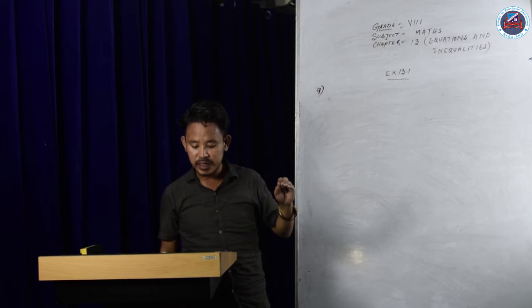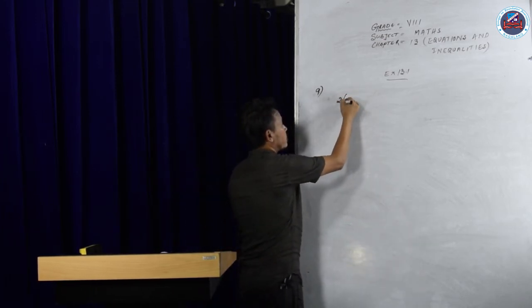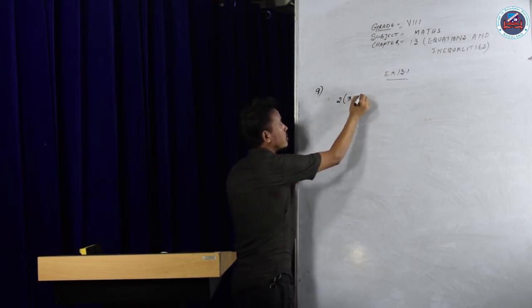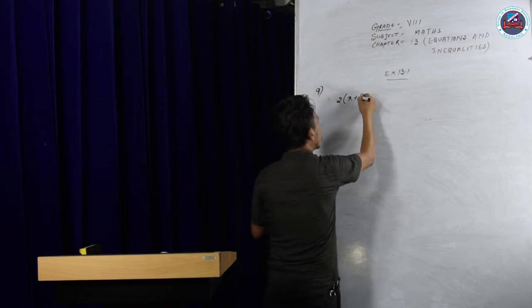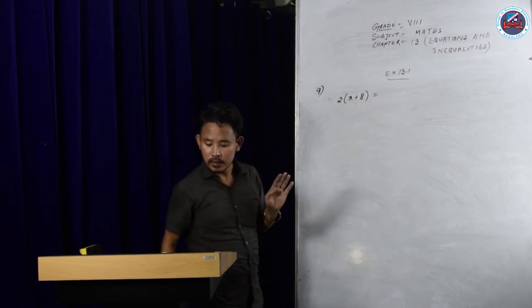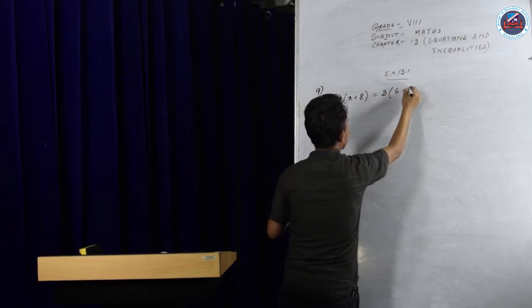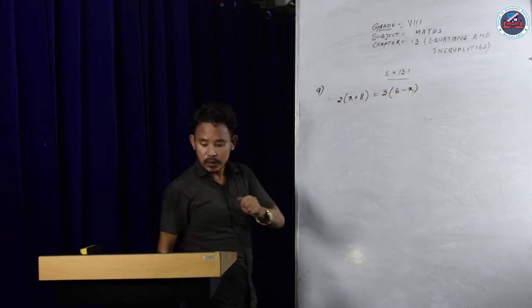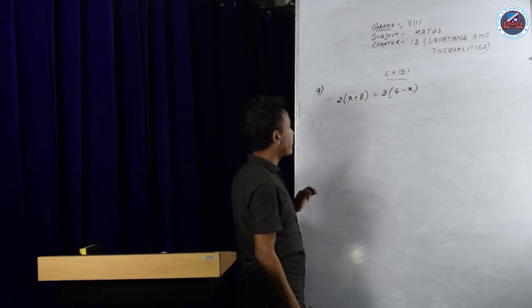Copy out his working and correct the mistakes. So the question here is 2 bracket x plus 8 equals 3 bracket 6 minus x. So 2x plus 8 equals 3, 6 minus x.